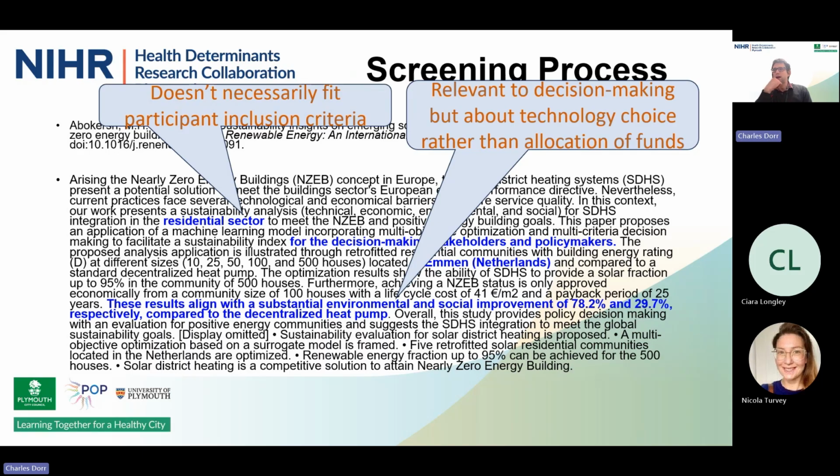But they don't look at the allocation of a particular fund. So it's not looking at how retrofitting could best meet particular groups of people. It's more about what particular technology you use in retrofitting.